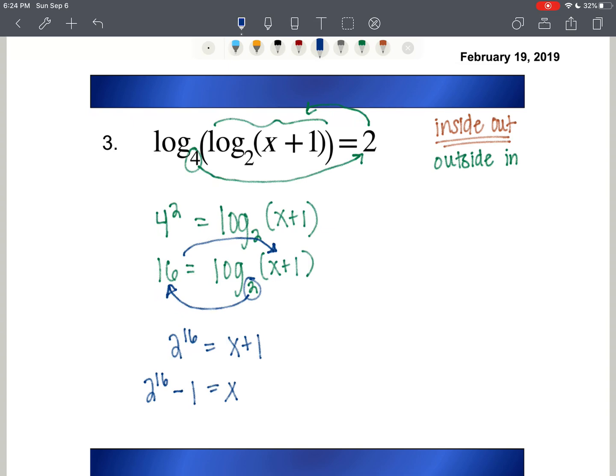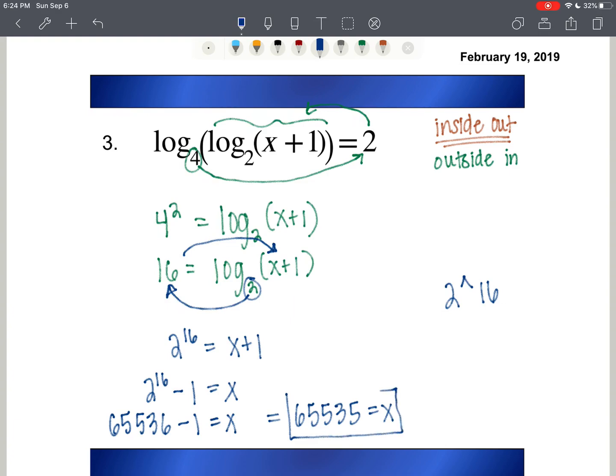I think I might need a calculator for that one. So if I go over to my calculator and I put 2 caret 16, I'm going to get 65,536. And then I'm going to subtract that 1, and I get 65,535. And that's what x is equal to.